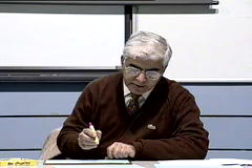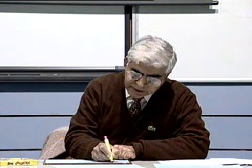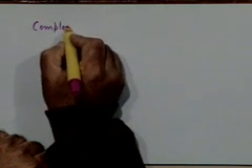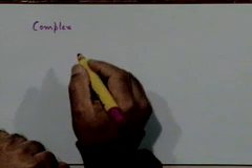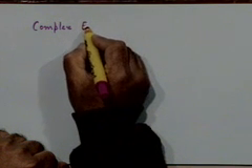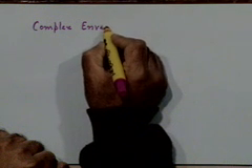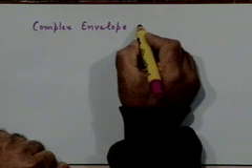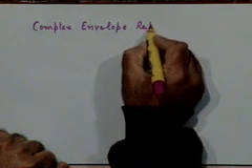If that is the case, we can move forward and come to the main thing of interest to us here, that is the complex envelope representation of bandpass signals. This particular representation, or this particular theory, is particularly useful when we want to represent bandpass signals.